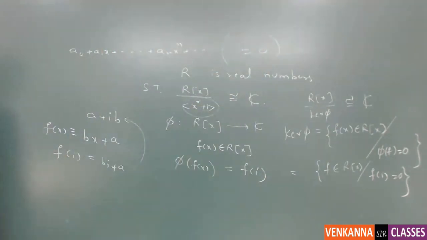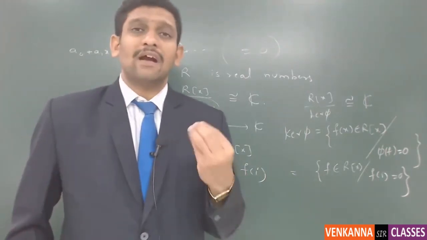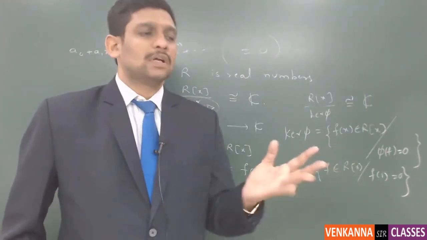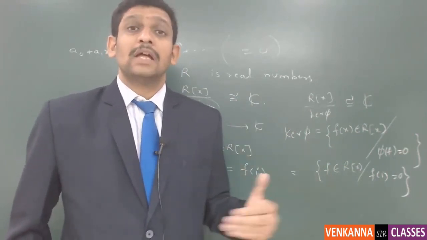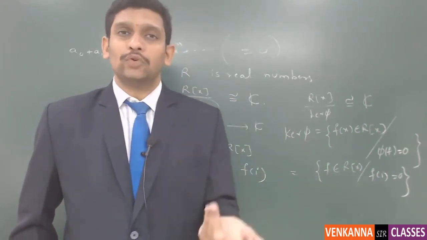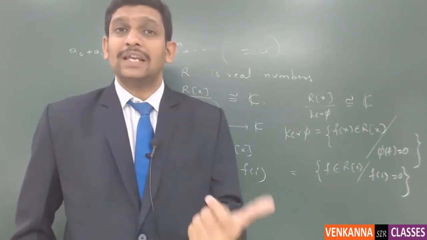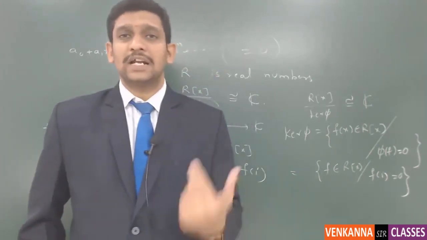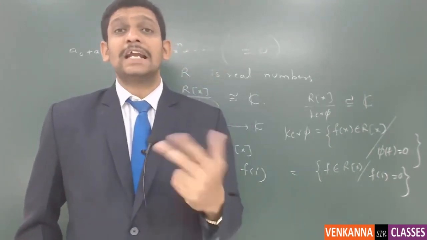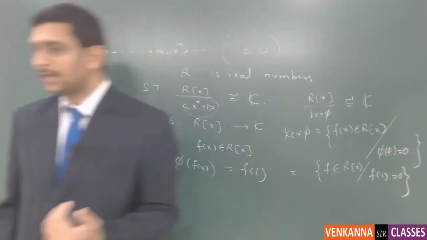So our interest is, I want to show that you cannot get a first degree polynomial in the kernel. If I am able to prove that, it means the kernel must always contain second degree polynomials and higher degree polynomials. Accepted?